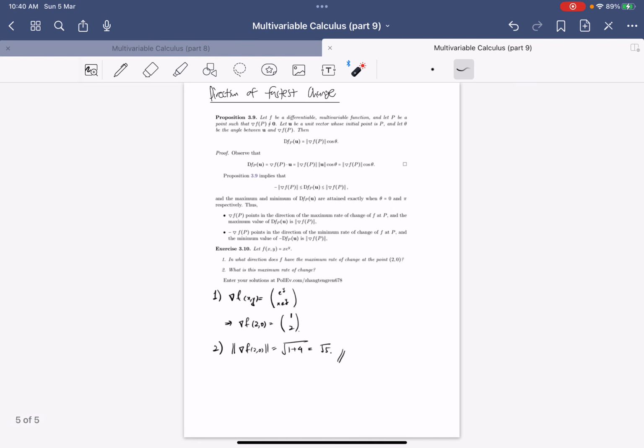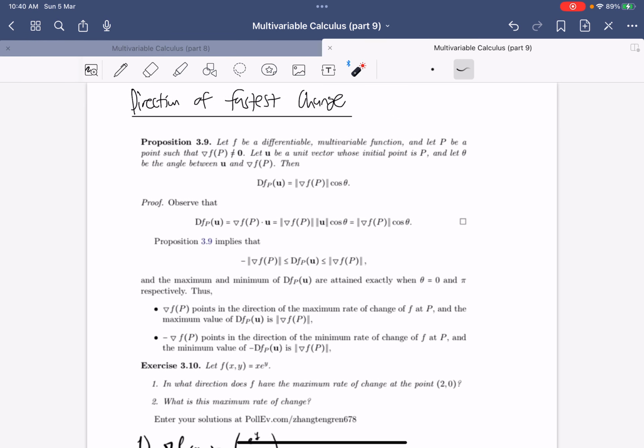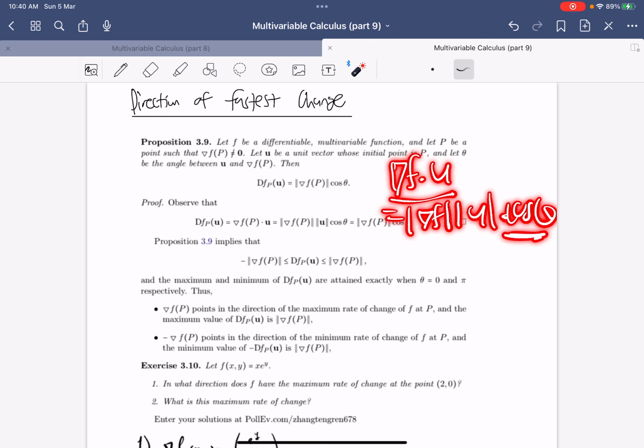And lastly, we see that we can also interpret the gradient vector as the direction of fastest change. Really, if we differentiate in the direction of u, and we know that u is a unit vector, then our formula over here would just be this times cosine theta, where theta is the angle it makes with u.